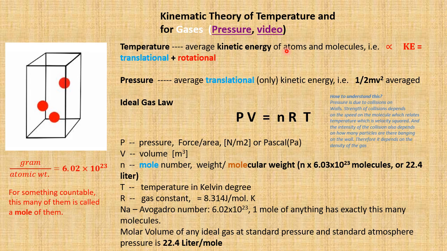Now we focus on a system of gas and its pressure. What is pressure? Think of it as force on a surface, on a unit surface. The pressure is force divided by the area. In a gas system, the force comes from the collisions of molecules on the wall.